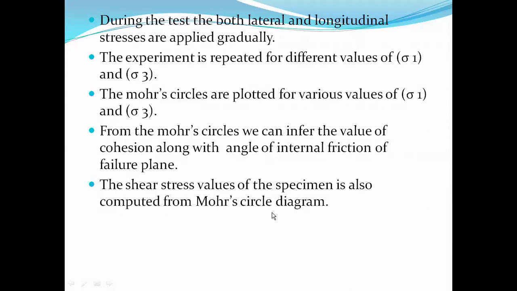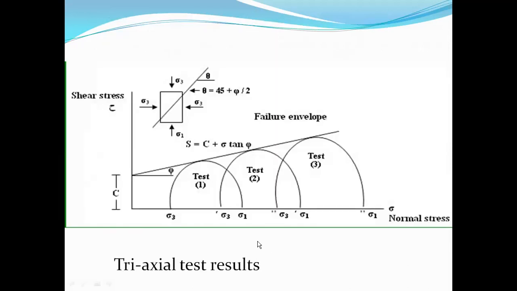This experiment is carried out by applying the load in both longitudinal and lateral directions gradually, or in a phased manner. For different values of sigma 1 and sigma 3, we will be plotting the corresponding Mohr circles. This is how the plotting of Mohr circles is done.